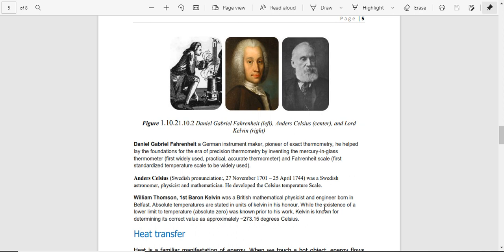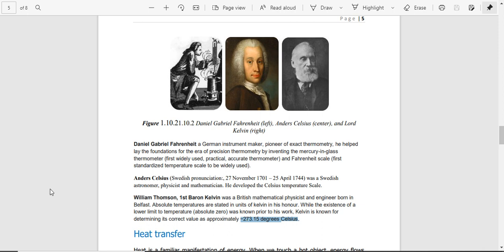While the existence of a lower limit of temperature, that is your absolute zero, was known prior to his work, Kelvin is known for determining its correct value as approximately negative 273.15 degrees Celsius. Okay, so this is the absolute zero temperature.